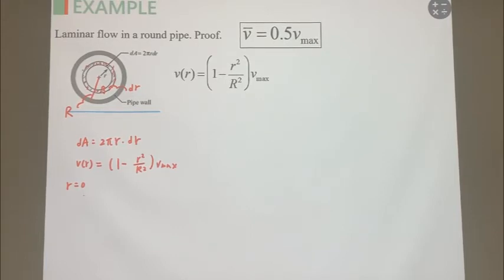It means the center of the pipe, right? So if we put r equal to 0 into this function, then you will have V equal to V maxima, right? That means along the center of the pipe always has the highest flow velocity.